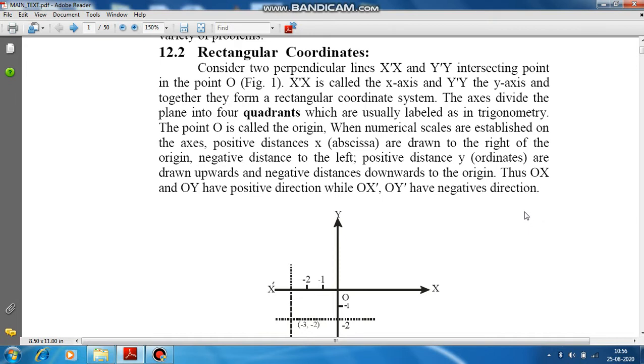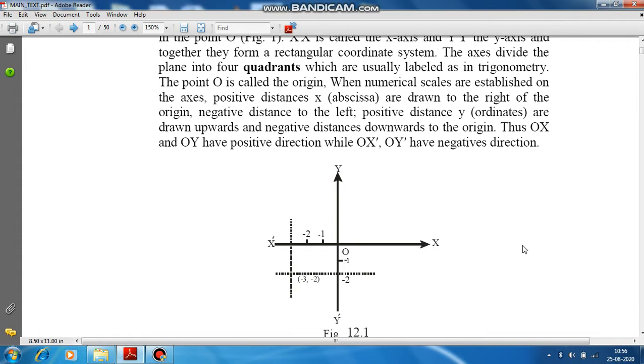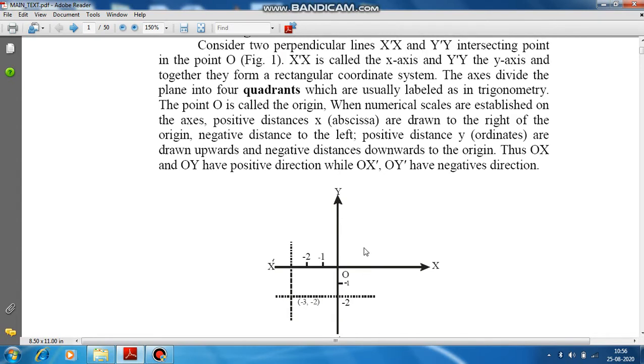In coordinate geometry, many things you read in high school classes. The first thing is rectangular coordinates, that is, the Cartesian plane, Cartesian rectangular planes.